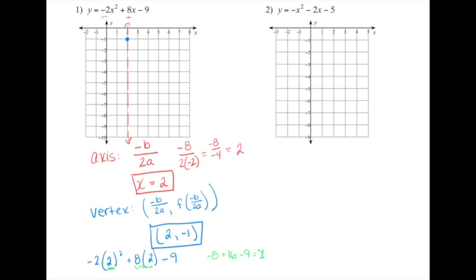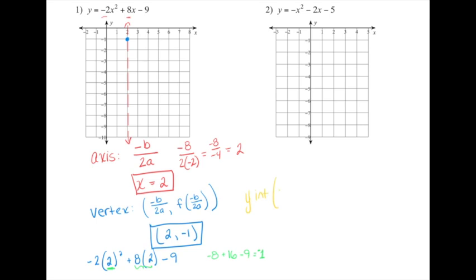The last thing my instructions tell me to find is my y-intercept. Well, y-intercept is actually really easy to find. For y-intercept, you are going to just use your c value. Remember, when it's in standard form, your y-intercept is always going to be your c. In this case, my c is negative 9.